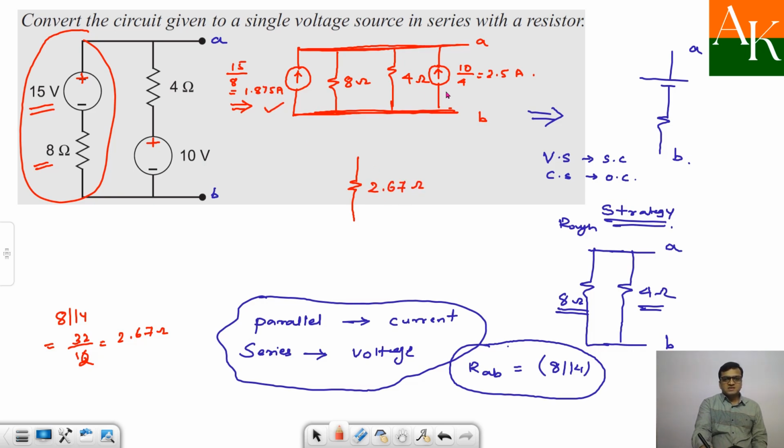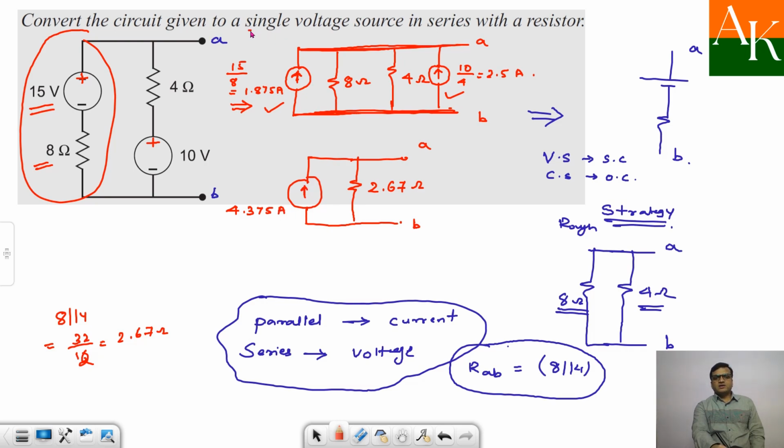And the two current sources are in parallel and moving in the same direction, so you can add them. Current sources in parallel can be added, while voltage sources in series can be added. So you will have the current source value as 1.875 plus 2.5, that turns out to be 4.375 ampere moving upward.